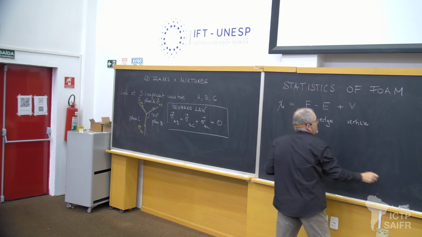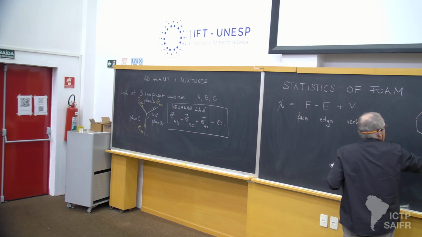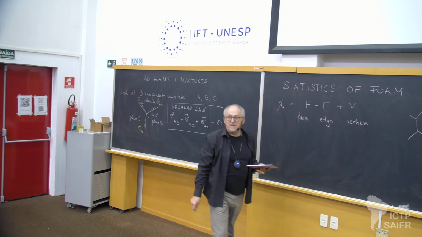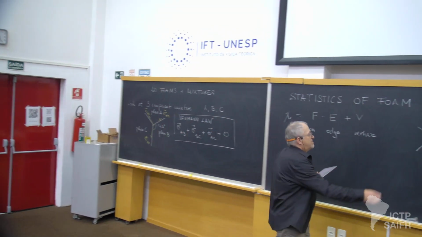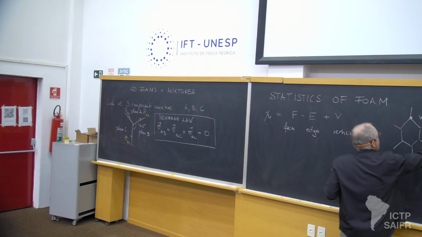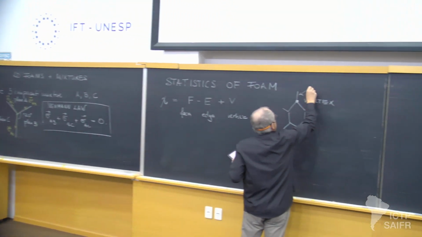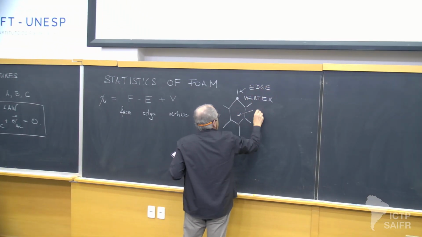Right, so if I were to draw that, I have here a face given by a hexagon, and this face has 6 edges, and this object here is a vertex. So you have a vertex, you have an edge or corner, and this here is a face.